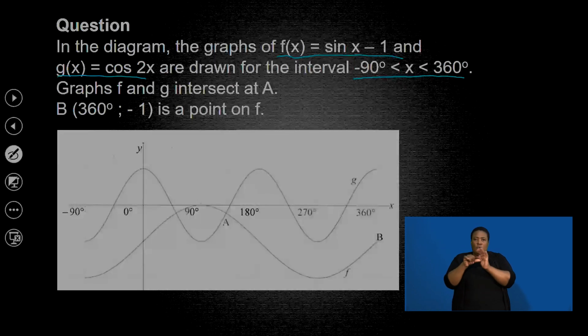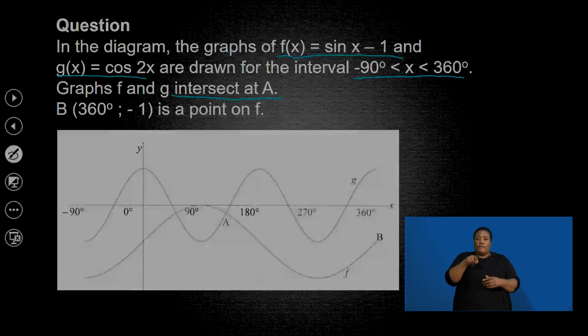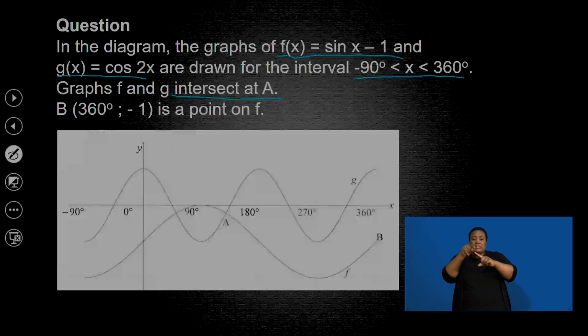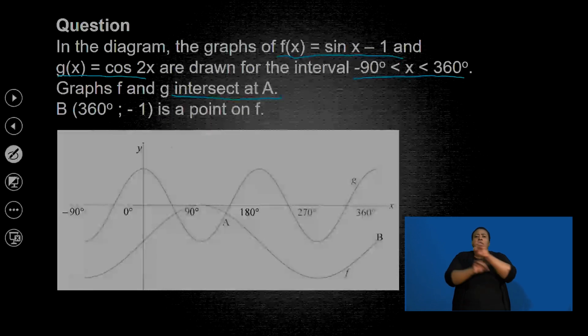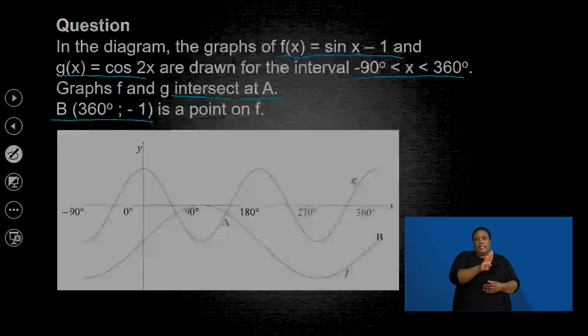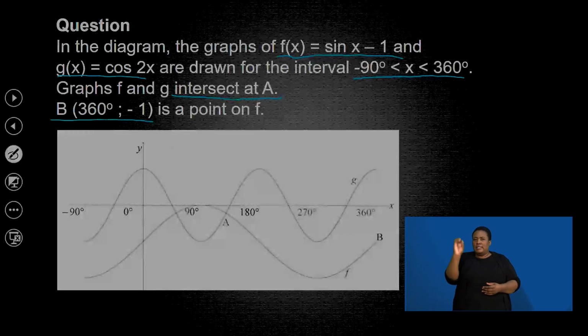And then the graphs f and g intersect at A. So remember, guys, if the graphs are intersecting, what does that mean? It means at that point the graphs are exactly the same. So you equate them to one another and then solve. So that's what the intersection really means. And then the last point they gave us was B there, which is 360 degrees and -1.